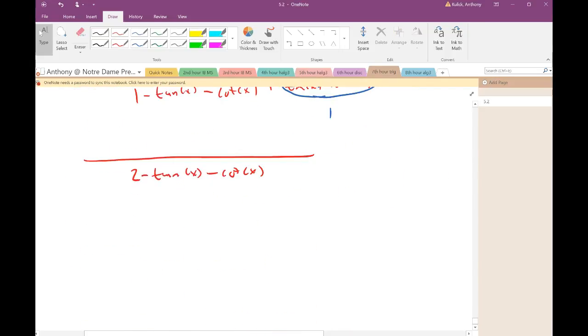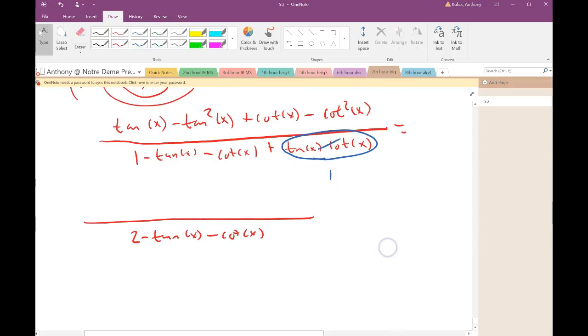Maybe let's give it a shot, see how that does for me. So tangent squared is the same thing as secant squared minus 1.